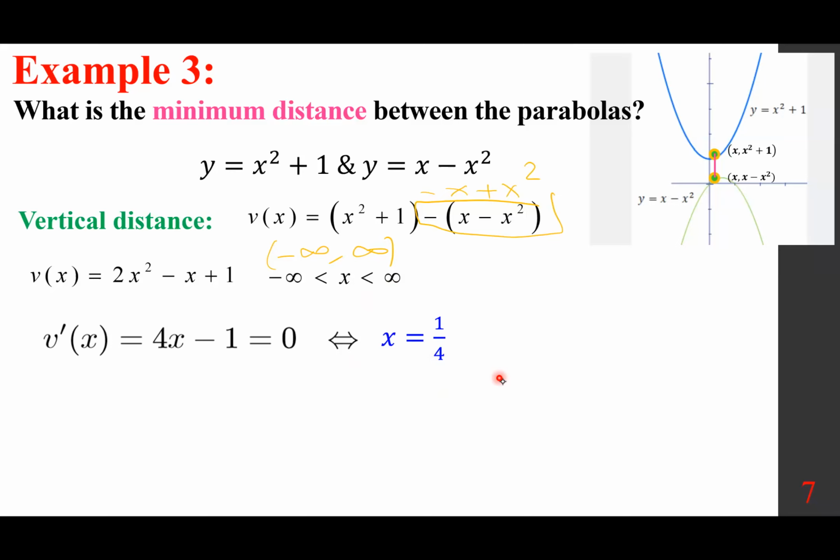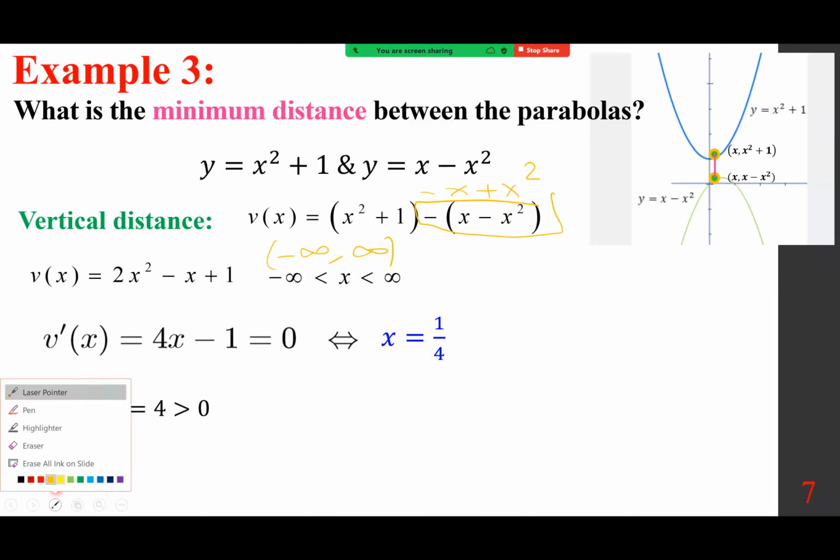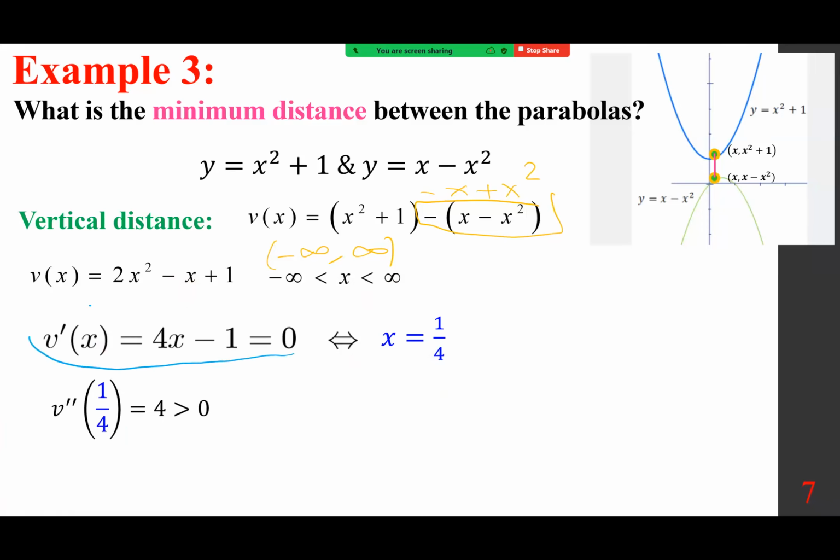So we have to look at V double prime and plug in. V double prime of 1/4 is positive. I'm going to get you started with that, and then you can finish it later on. So here's V prime, and V double prime is just 4, and it's always positive.